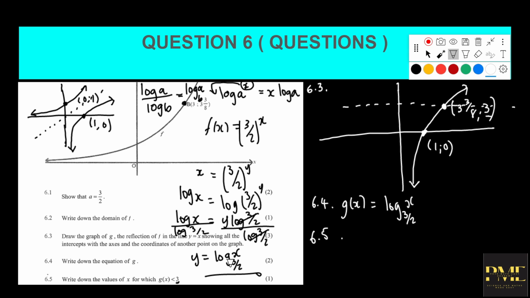Okay, so write down the values of x for which g at x is less than 3. In other words, when our y is less than 3, what is x there? Okay, so where is y equal to 3 here? For this graph to be below this y equals 3, what must x be? So we can say as long as our x is less than 3 and 3 over 8, the graph is below y equals 3.